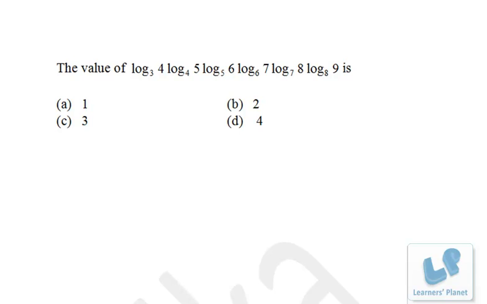Now friends, in this case, we have to find out the value of this expression. Now you can see very well, here 4 is in index and here it is in base. Here 5 is in base, here 6 is in base, here 7 is in base here. So what we get, log a to the base b, b to the base a can be written as log b by log a.